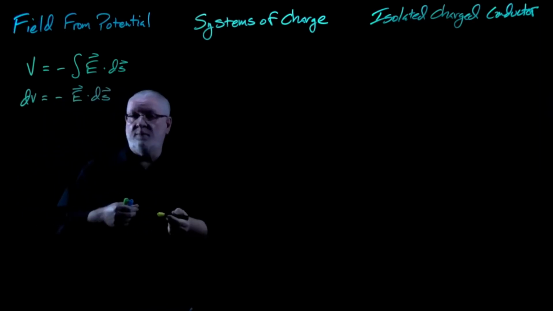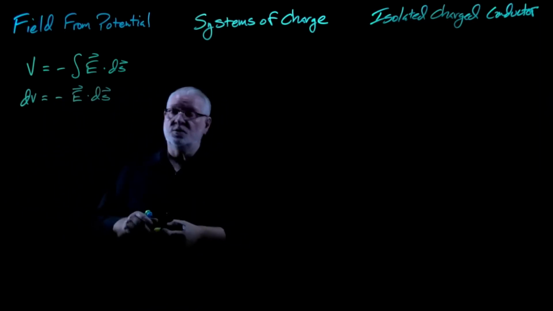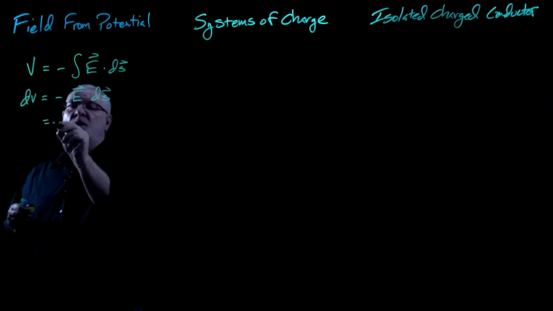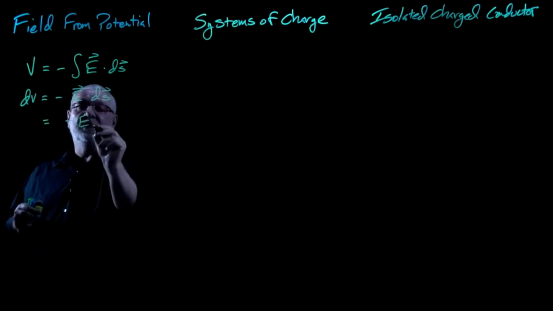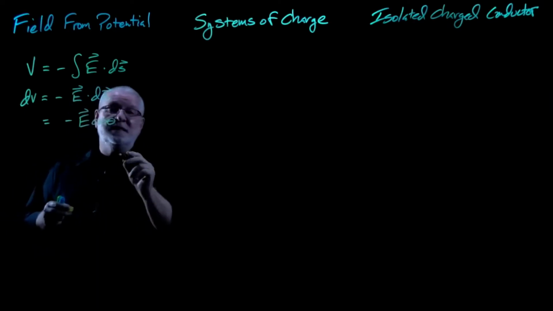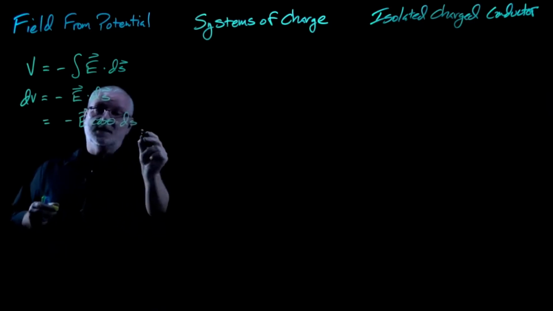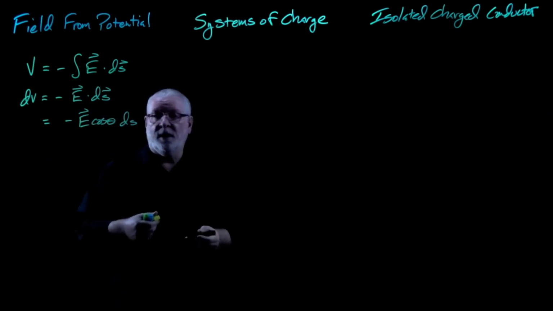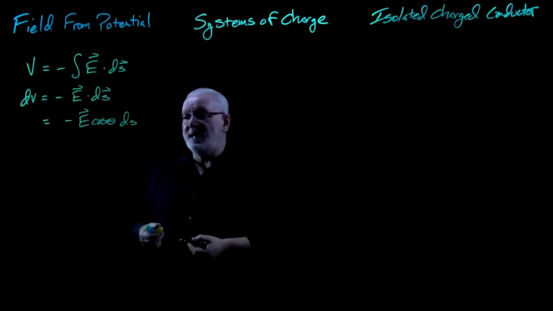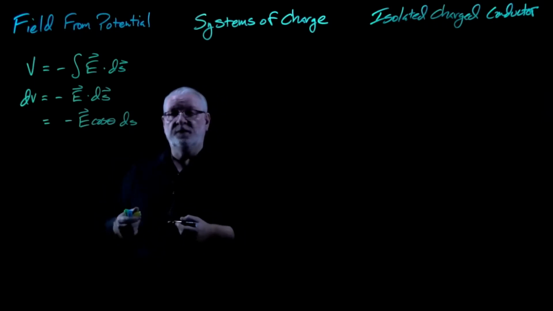Well, we know a dot product is fundamentally just the product of the two vectors times the cosine of the angle between them. So that means this will be negative E times the cosine of theta, the angle between E and ds, times ds. And that makes this a simple product and no longer a dot product, because the cosine theta basically takes care of the s component of the electric field E.